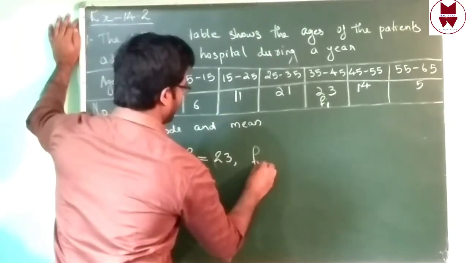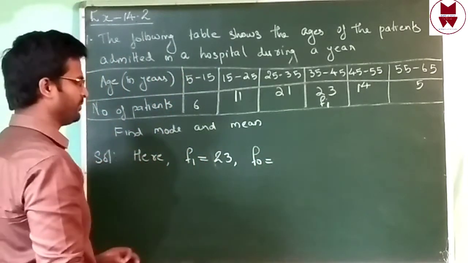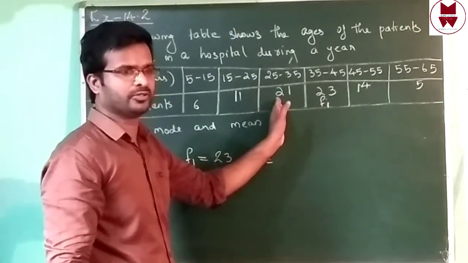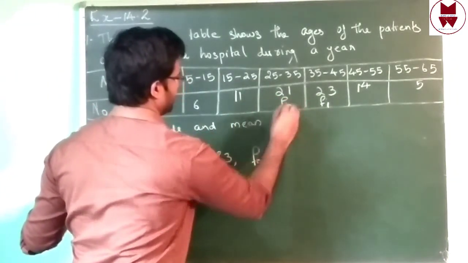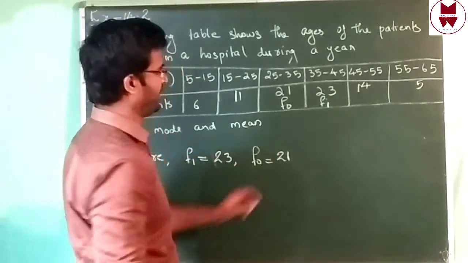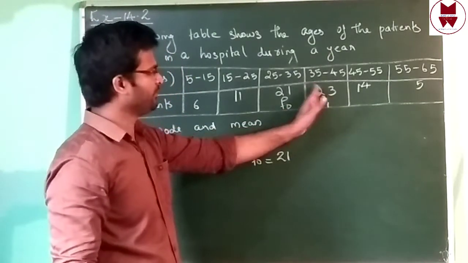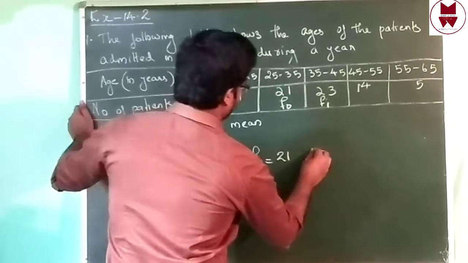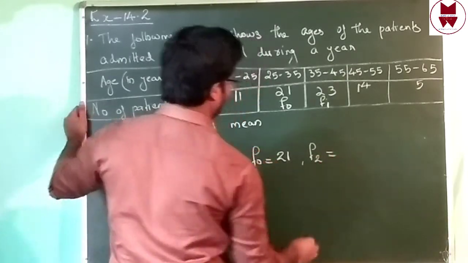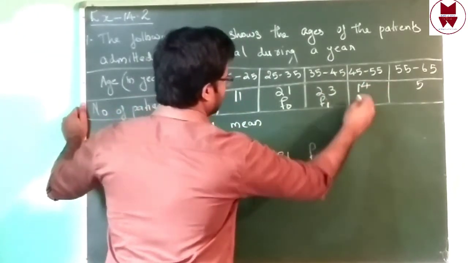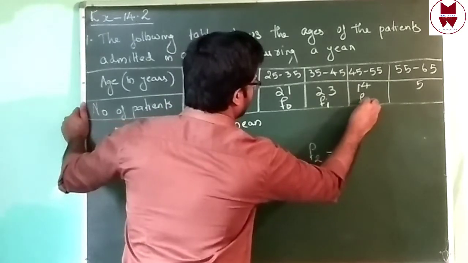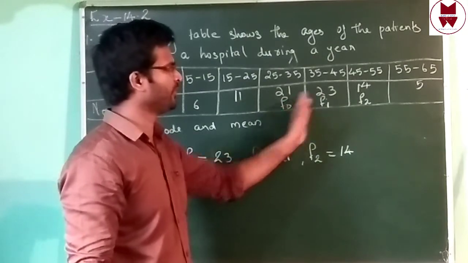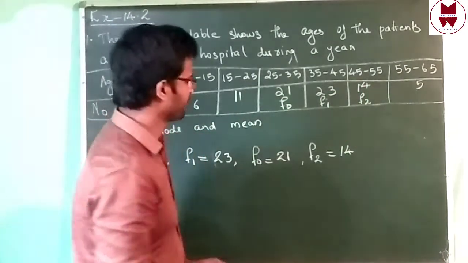Then F0 is just the previous number, that is 21. Then F2 means the next number, that is 14. First find F1, the previous number is F0, then the next number is F2.